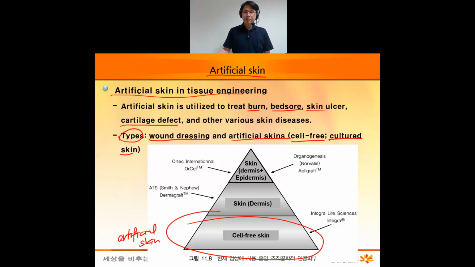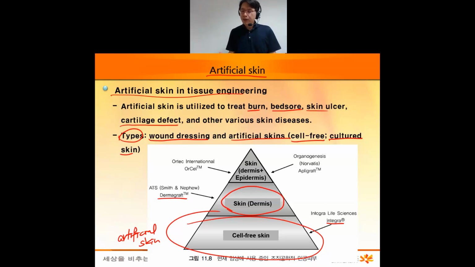There are some commercial products like Integra, produced by Integra Life Sciences. And there also exists cell-containing skin, and the cell is dermis in this case. The Dermagraft trademark from ATS is an example of dermis-containing skin.